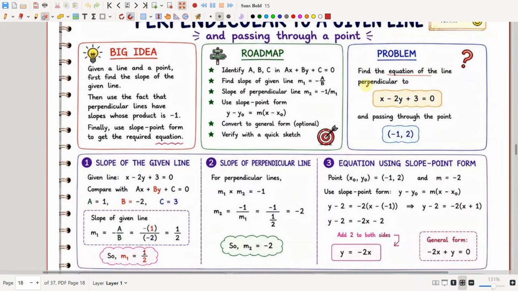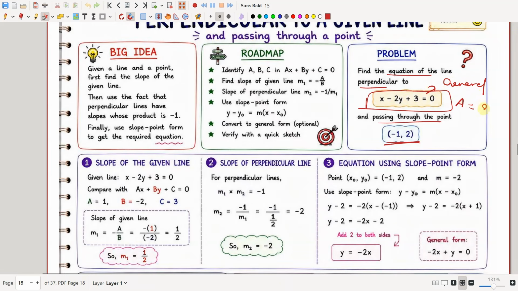Find the equation of the line perpendicular to this one passing through the point -1, 2. So we are given a general line equation where a is equal to 1, b is equal to -2, and c is equal to 3.